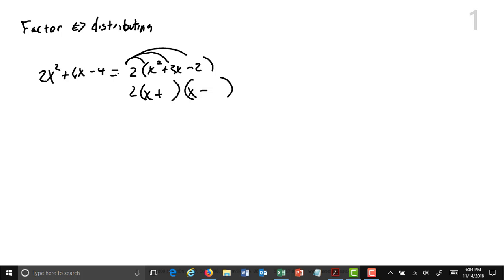I'm not worried about factors here because it's just 1, but factors of 2 are 1 times 2, right? And the only way that can come to the middle term is if you add them. So that's a problem, right? Because if I put a 1 and a 2, you can see that I'm going to have x squared plus 2x plus x minus 2.